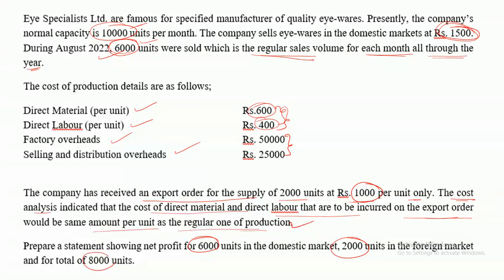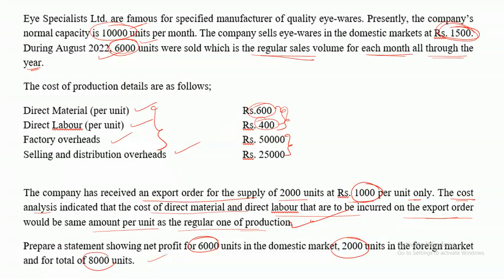Now, should we accept this order? You have to suggest to the company whether we should accept this offer or reject the offer. As I said, you have to consider the variable cost only, and only variable costs are given to us. There is no fixed cost information available, all these costs are variable costs only.